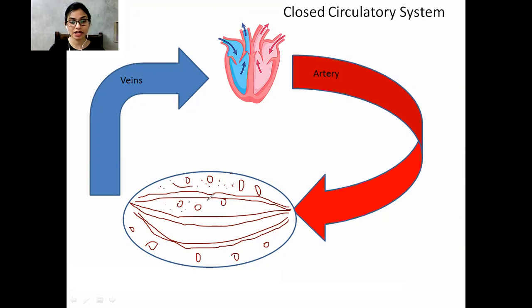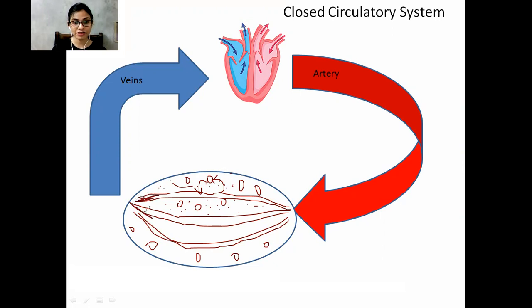The blood will transport all the nutrients and gases into the interstitial fluid, and the cells absorb those nutrients and gases. It absorbs oxygen, and in turn it adds carbon dioxide to these blood vessels. So blood vessels give oxygen to the cell and take carbon dioxide from the cell, and then the blood becomes deoxygenated.